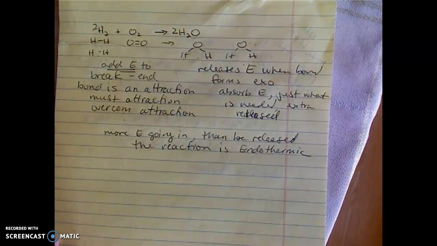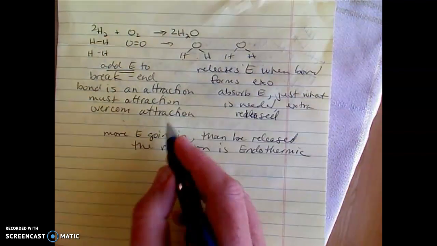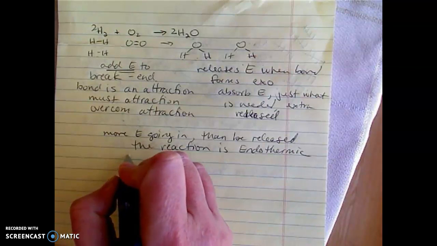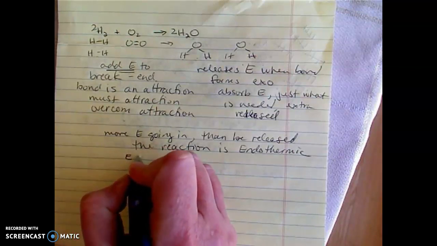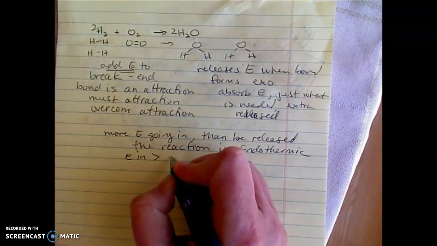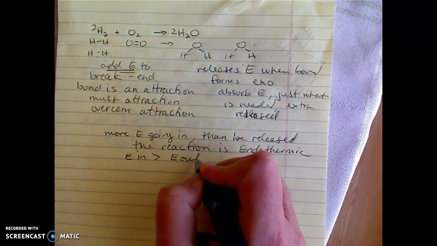So you're either going to have an exothermic or an endothermic reaction. And again, that's the total amount. So you have to look at everything. So in this case, energy in is greater than energy out.